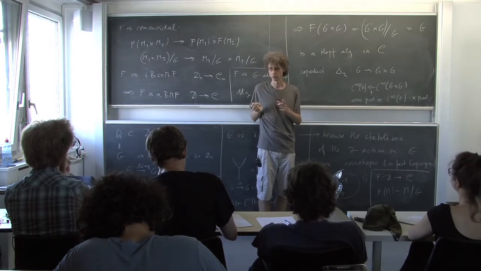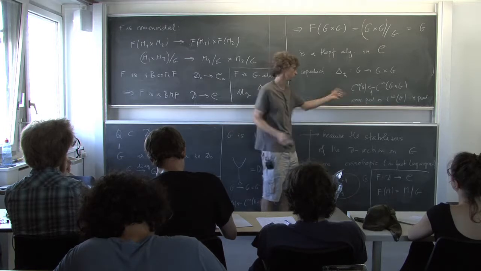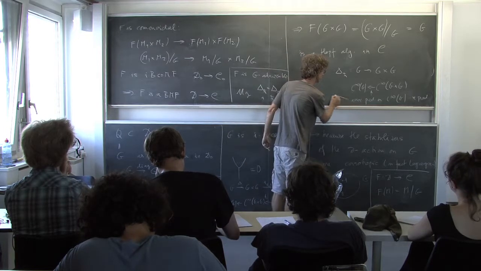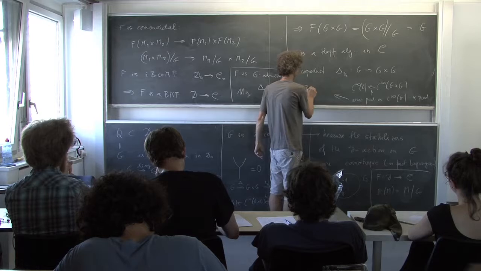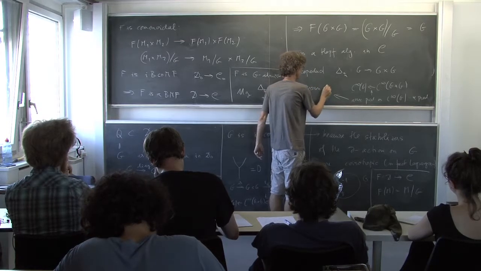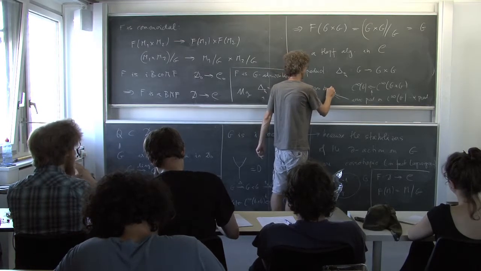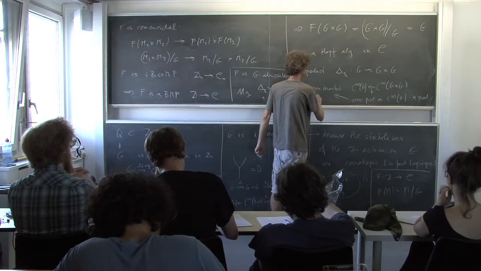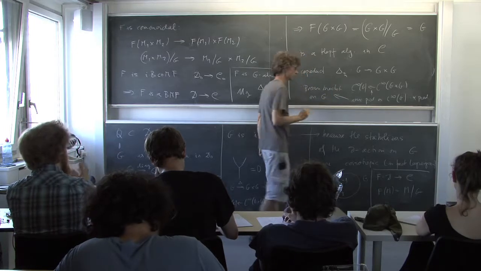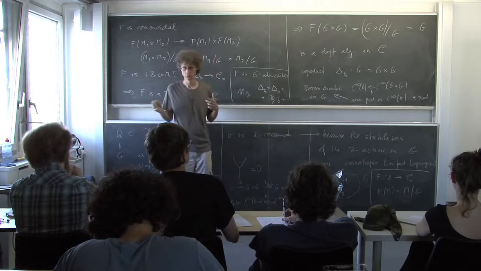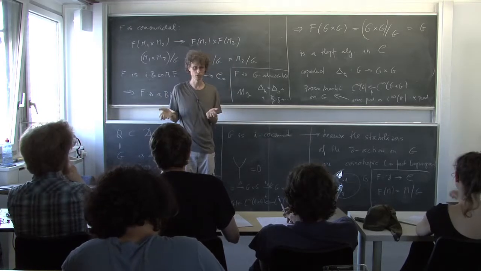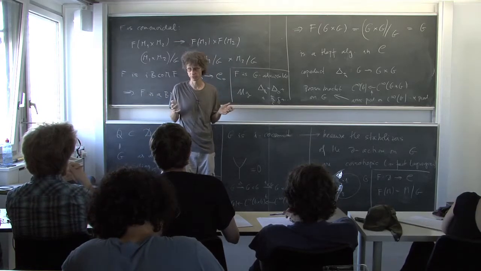We are certain that we're getting a Poisson bracket on G, right? So any deformation of the commutative product gives you in first order a Poisson bracket.